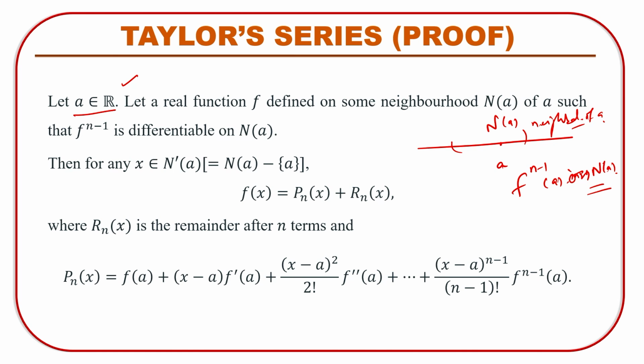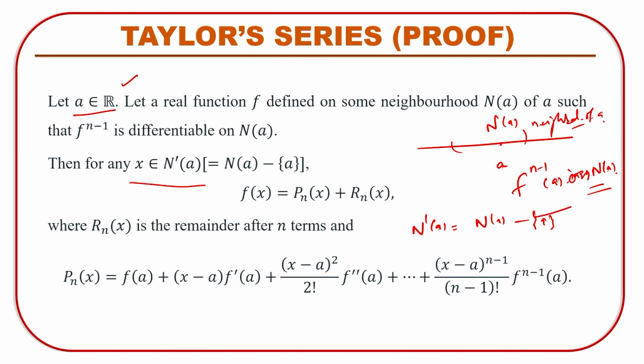That means the (n minus 1)th derivative of the function exists. Then for any x belonging to N dash of A, what is N dash of A?